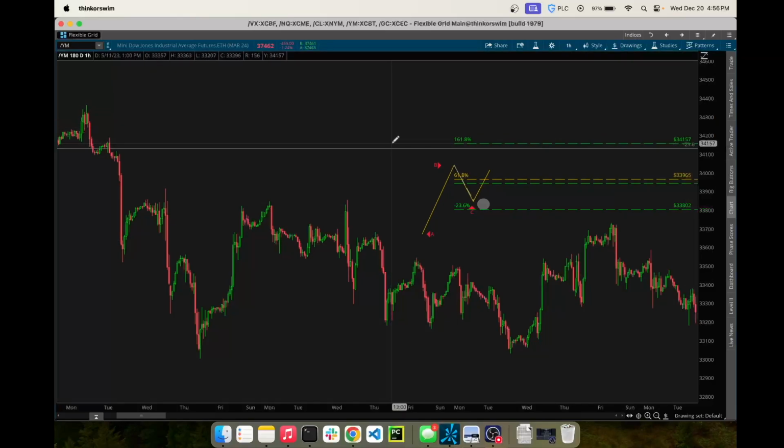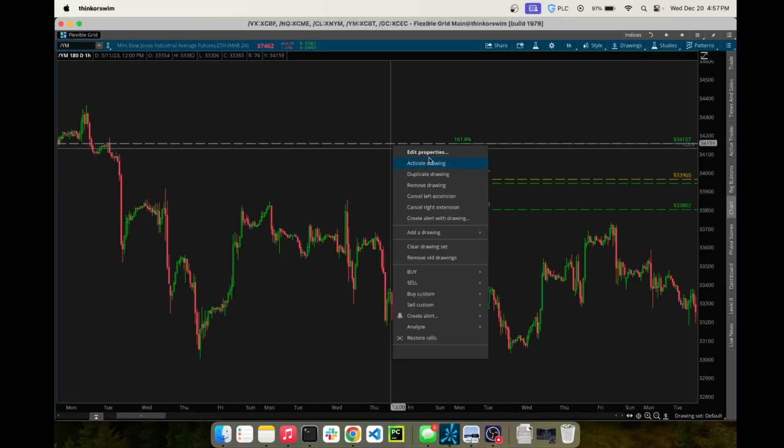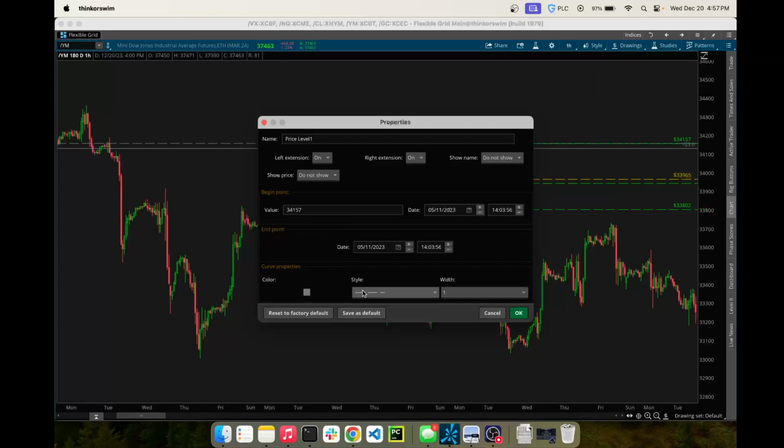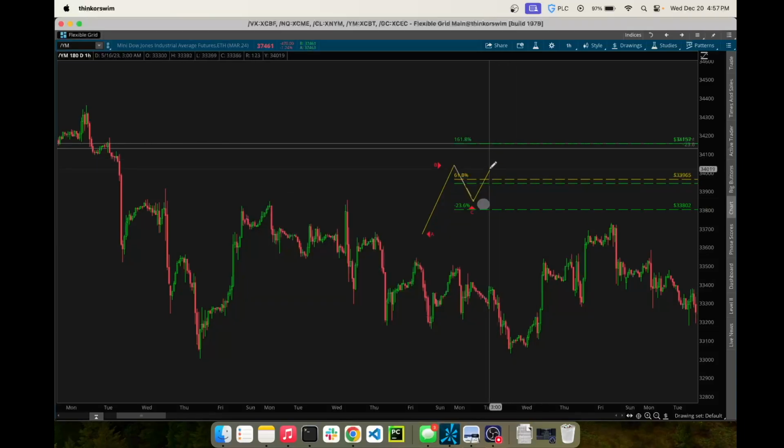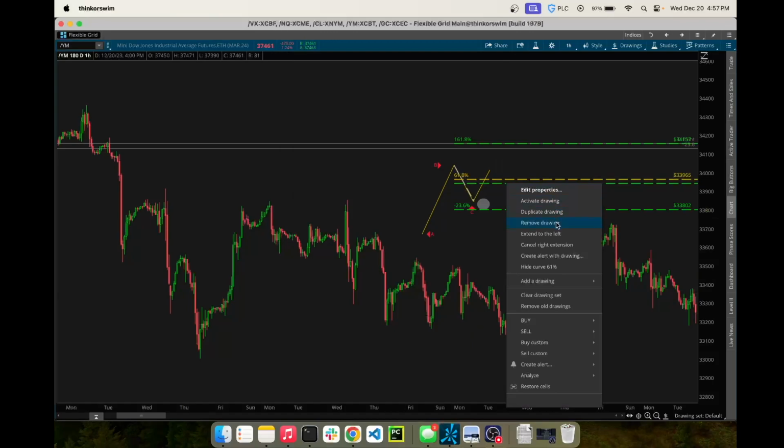So what we can do is we can then plot this negative 161.8 out. And this is our D leg, or D point, I guess, because the leg is the C to D. Now we can take this off.